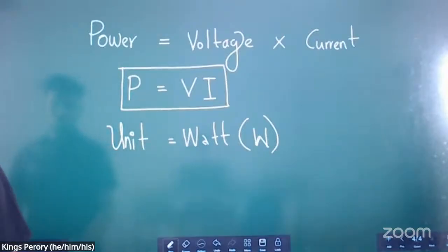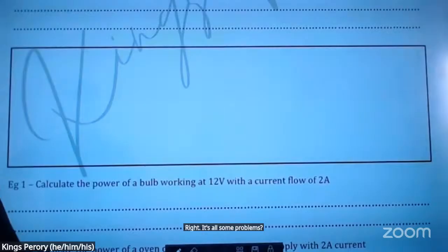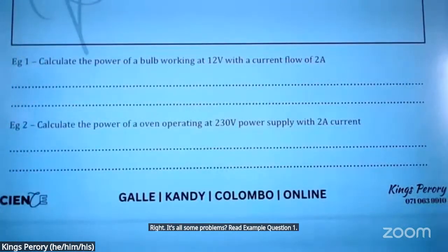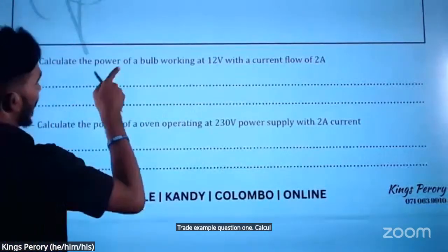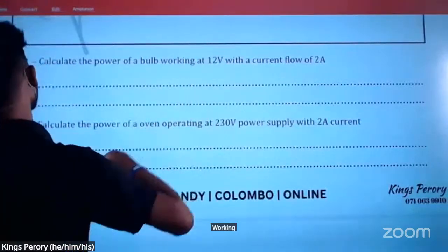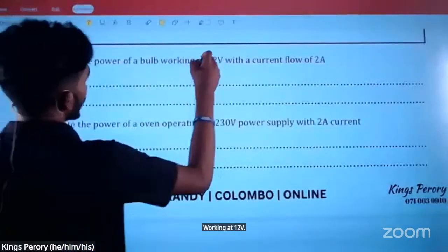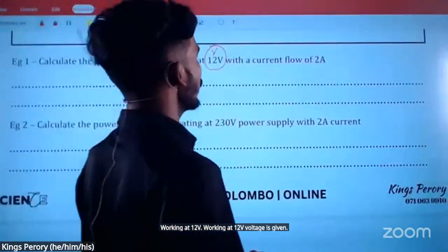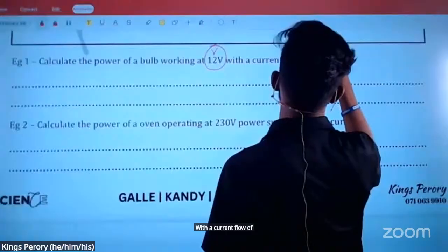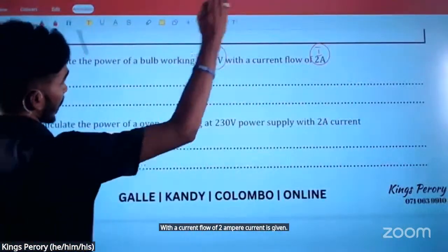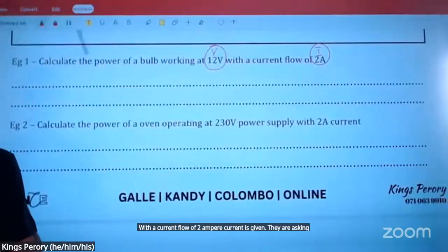Right. We'll solve some problems. Read example question 1. Calculate the power of a bulb working at 12 volt, voltage is given, with a current flow of 2 ampere, current is given. V is given, I is given. They are asking P. How to work?